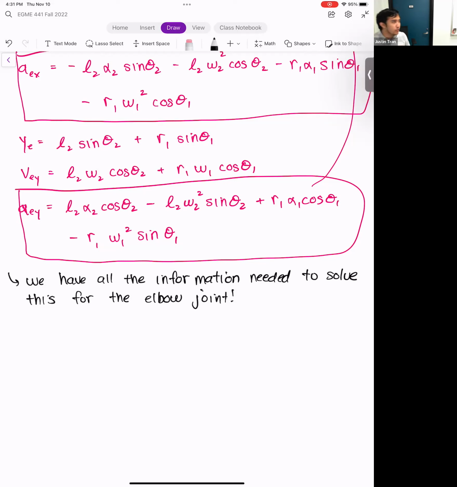And so there's only three unknowns, right? So we can take these three equations to solve for those three unknowns.